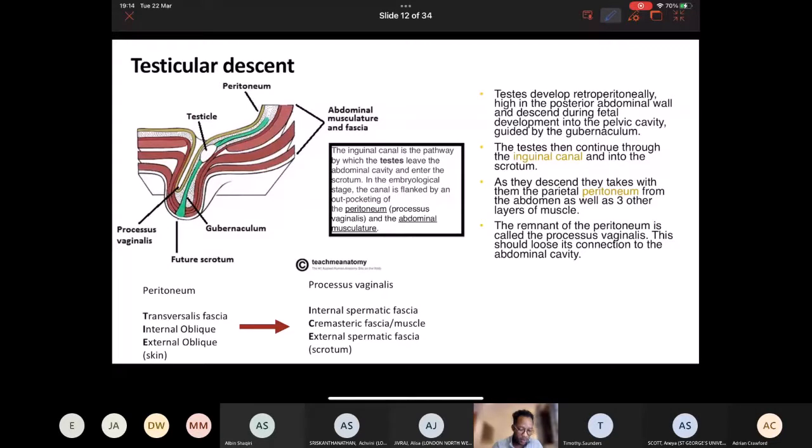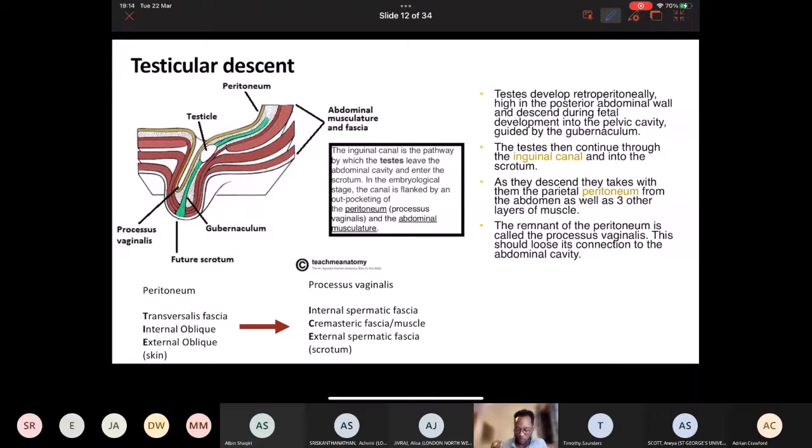There are some nice key things that you can use to remember the descent of the testes. One thing I always remember was a mnemonic, and I think most people would have heard about this through some reading. Now, the testes develop in the posterior part of the abdomen, which we call the retroperitoneal part.